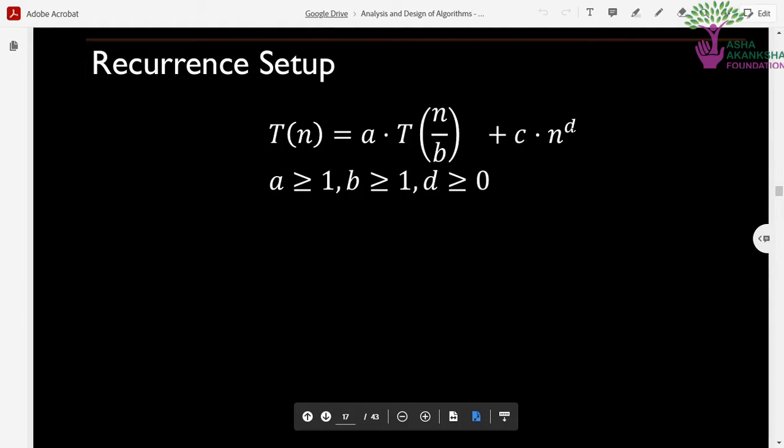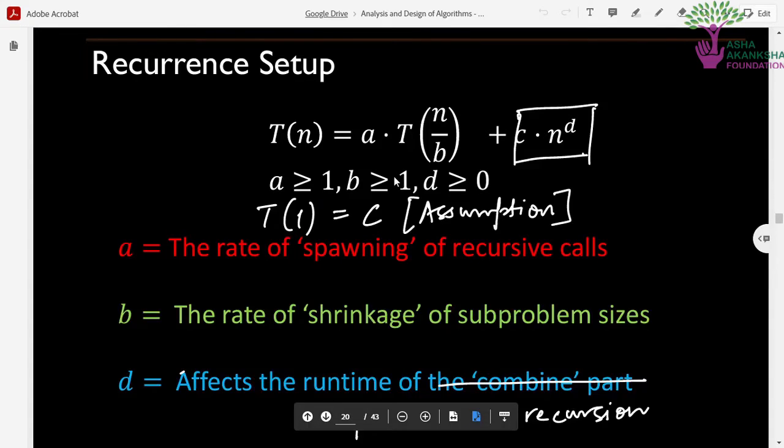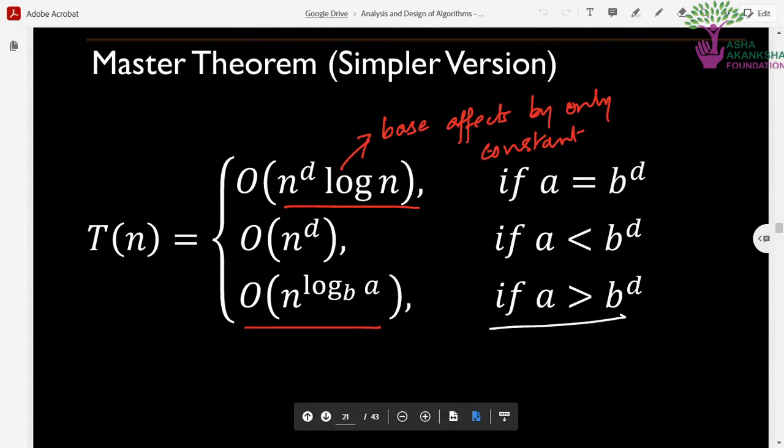These things come out after using the recursion tree. So you create the recursion tree, you get a certain formula, you compare that formula with this particular formula, you get the values of A, B, and D, and hence you put those values in this formula, and then you get the time complexity.